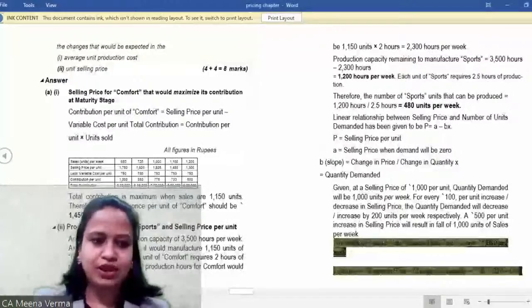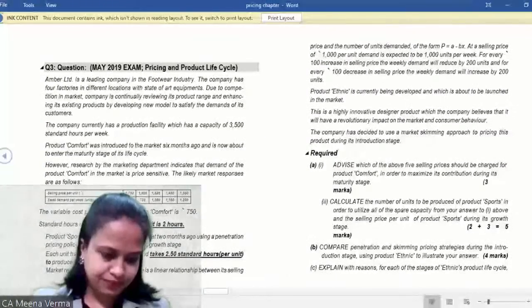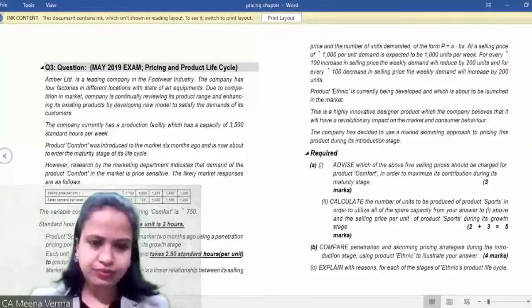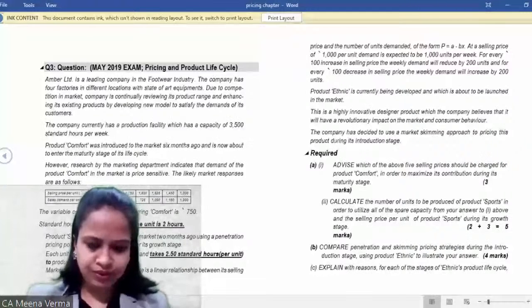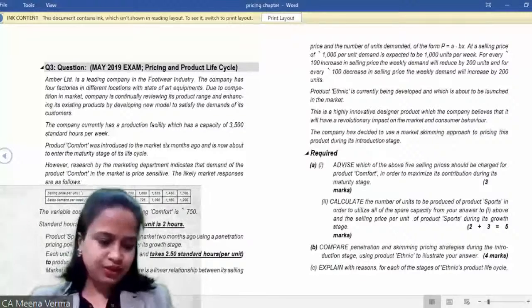This question will cover many concepts. If you have done the reading of this question, let me know.